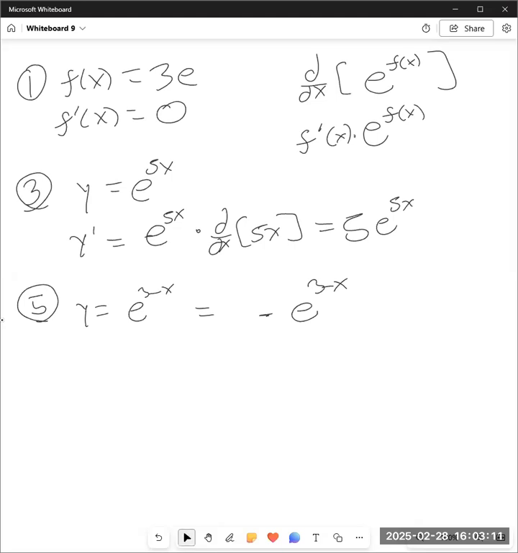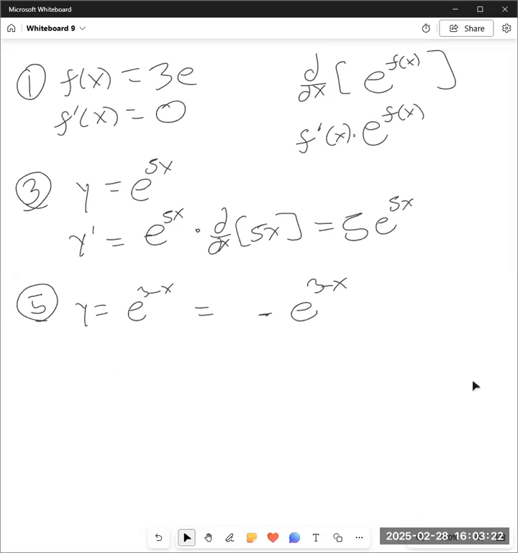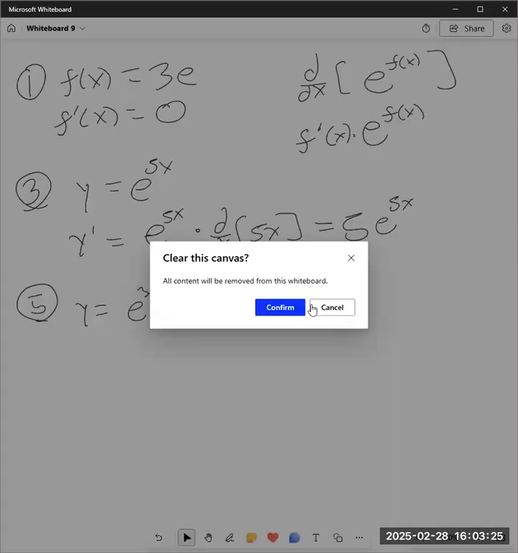Let's go ahead and look at our next problem here. It's number 9. We'll make some space for number 9, since it's a product rule from what I see.